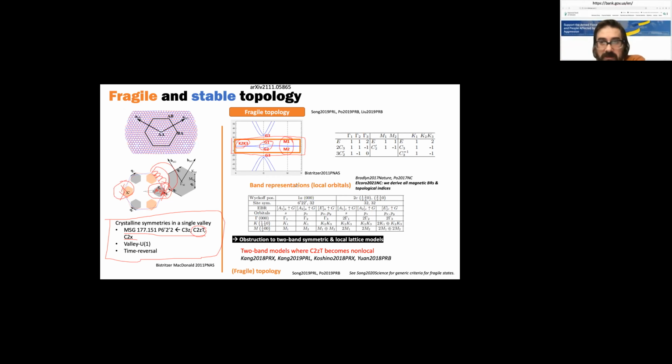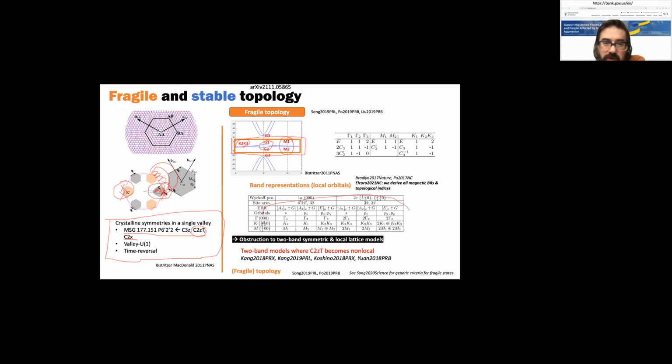You can check them out in the crystallographic book. But the important thing here is if you ask the following question: are these representations the representations of any localized orbitals? The answer is no. And the way you see that is by going to the Bilbao crystallographic server, which is a website where you can type in the symmetry group and find all the representations at high symmetry points of bands that come from localized orbitals.